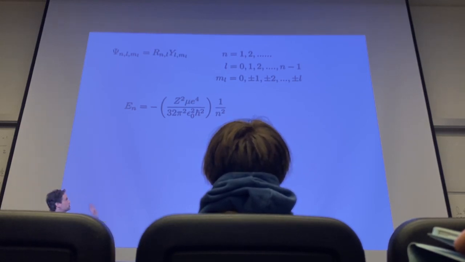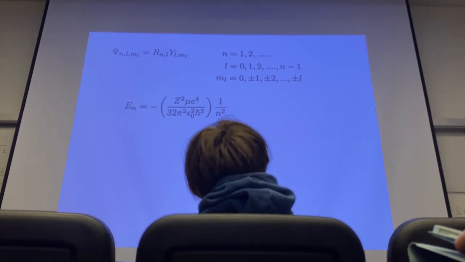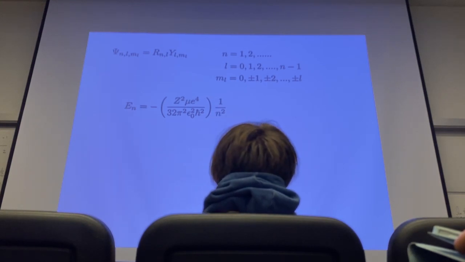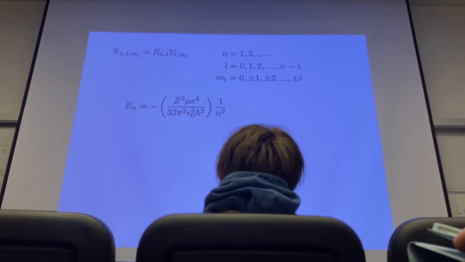The first part between parentheses, I'm going to say, is a bunch of constants again. I hope you agree with that. Z is in there, the nuclear charge, which is 1 for the hydrogen atom. Mu, the reduced mass. And then all the other constants are in there too. And then outside of the parentheses, 1 over n squared. That's the principal quantum number.